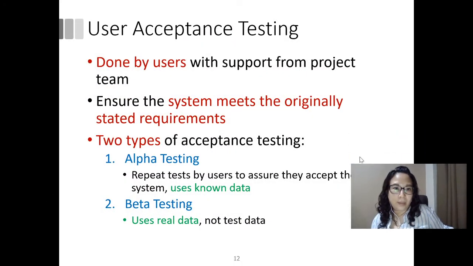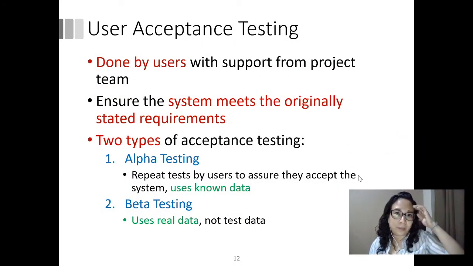Okay, and then there's user acceptance testing. Basically the user acceptance testing can use the same testing like the integration or the system testing, but basically the user acceptance will be done by the user. Okay, so there are two types of acceptance testing.